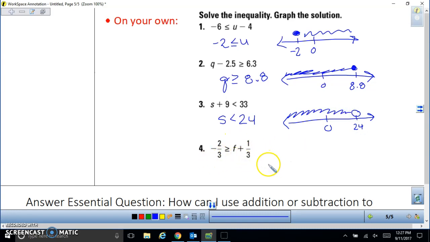Alright, last but not least, number 4, we should have taken away 1/3 from both sides, and we would have got -3/3, which is equal to -1, is greater than or equal to f. Graphed it, -1, so filled in circle, and we should have shaded to the left because -1 is greater.